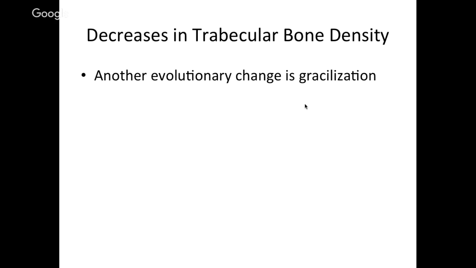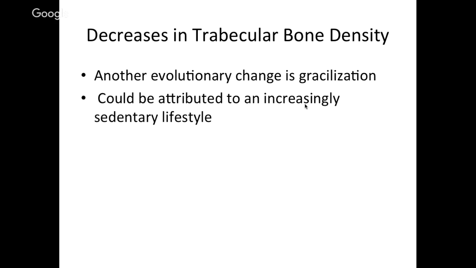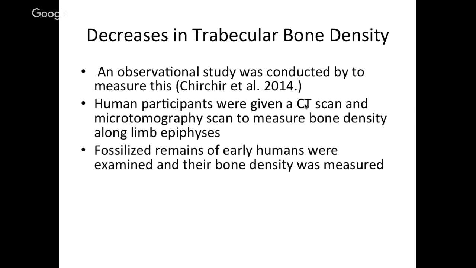So the next evolutionary change in humans I want to look at is gracilization, which is a decrease in strength and bone density. And it can be attributed to an increasingly sedentary lifestyle. An observational study was conducted to measure bone density in modern humans in relation to early humans. Living human participants were given a CT scan and a microtomography scan to measure bone density along their limb epiphyses.